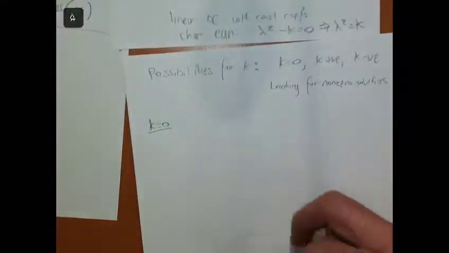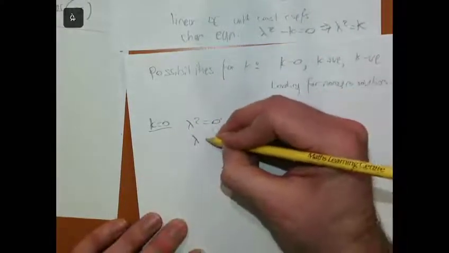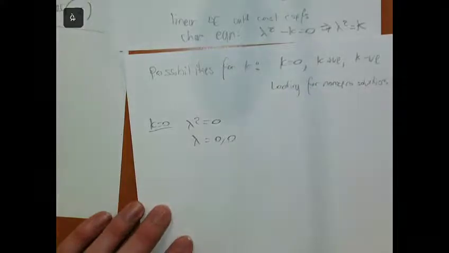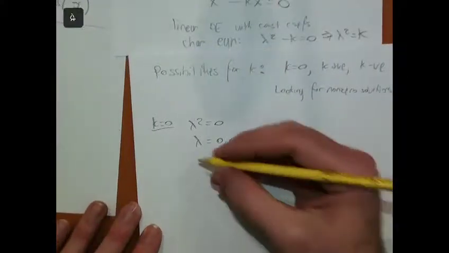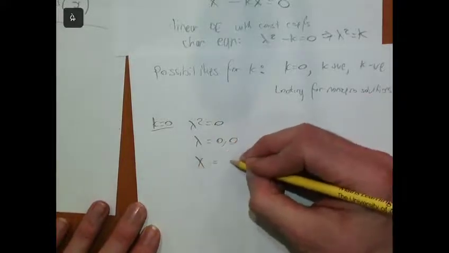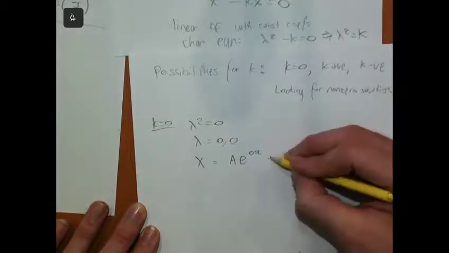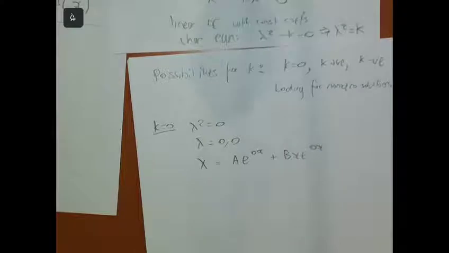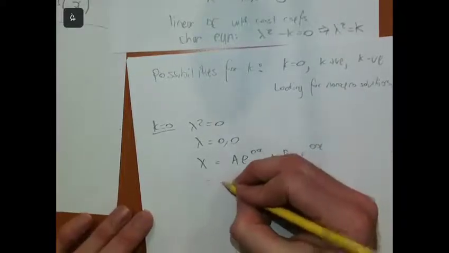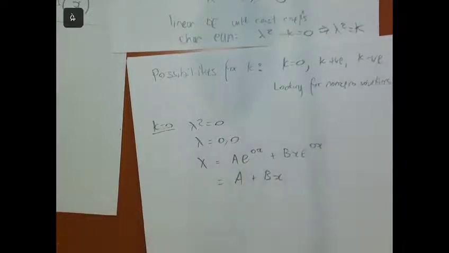So if k is 0, then I've got lambda squared equals 0, which means that lambda is 0 twice. And when you get 0 twice, the repeated root, the solution will be constant e to the lambda x plus constant x e to the lambda x. You don't need to put in all those 0 x's, but I find it helpful. And so that becomes a plus bx, because e to the 0x is 1.